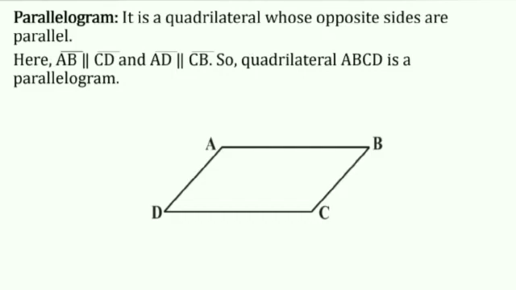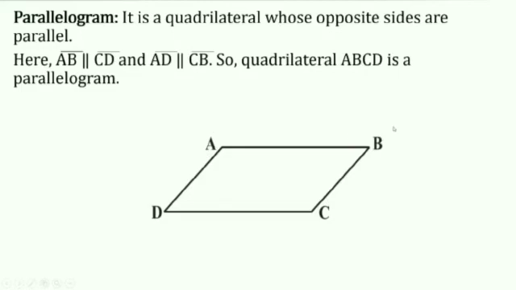Parallelogram. It is a quadrilateral whose opposite sides are parallel. As we discussed, in the trapezium any one pair is parallel, but in a parallelogram, both pairs of opposite sides are parallel to each other.